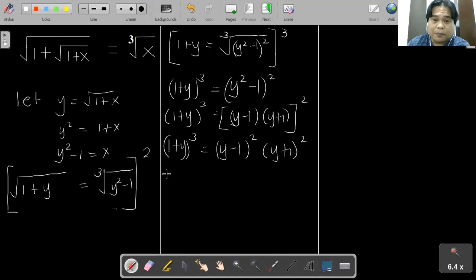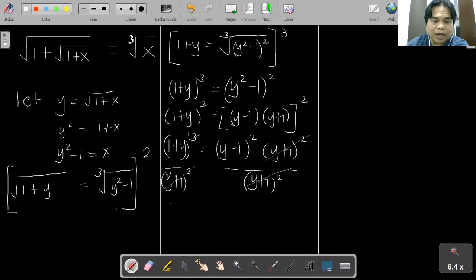So the next thing to do is I will just have to divide each side by that common binomial, which is y plus 1 squared. I can cancel this one out, and then you will have 1 left here, right?